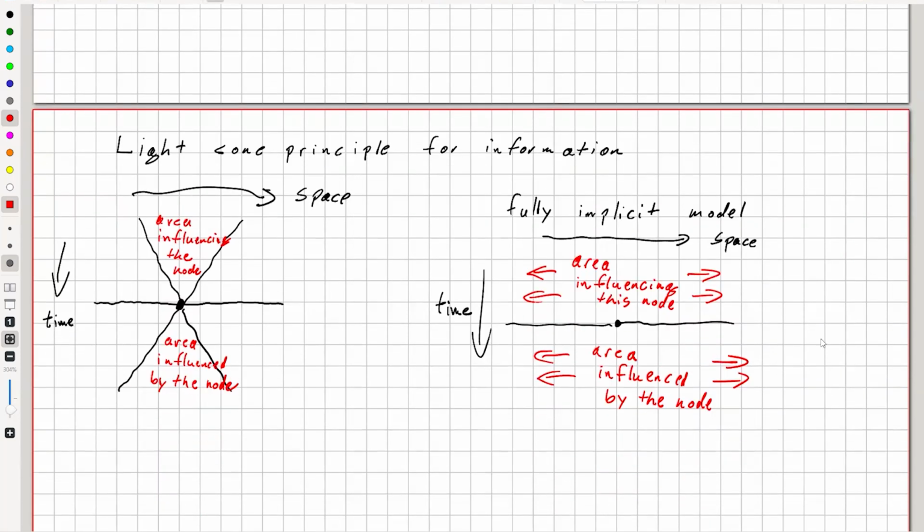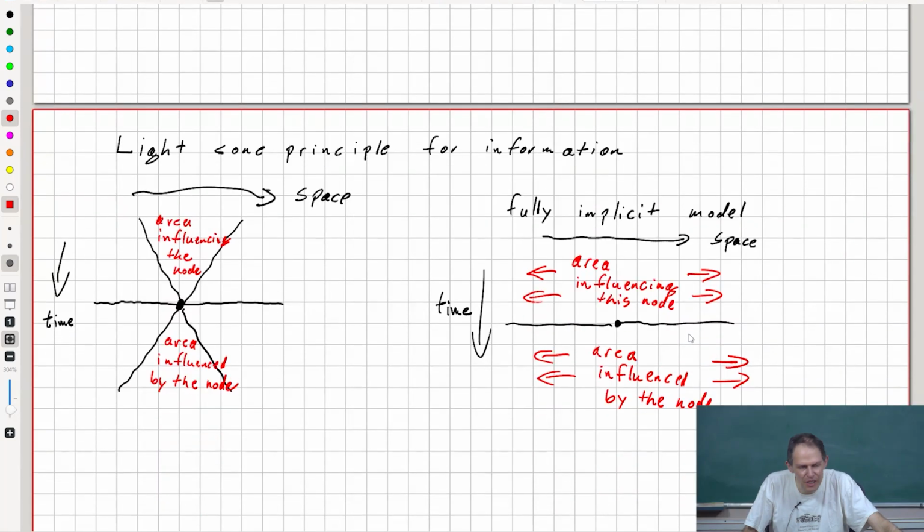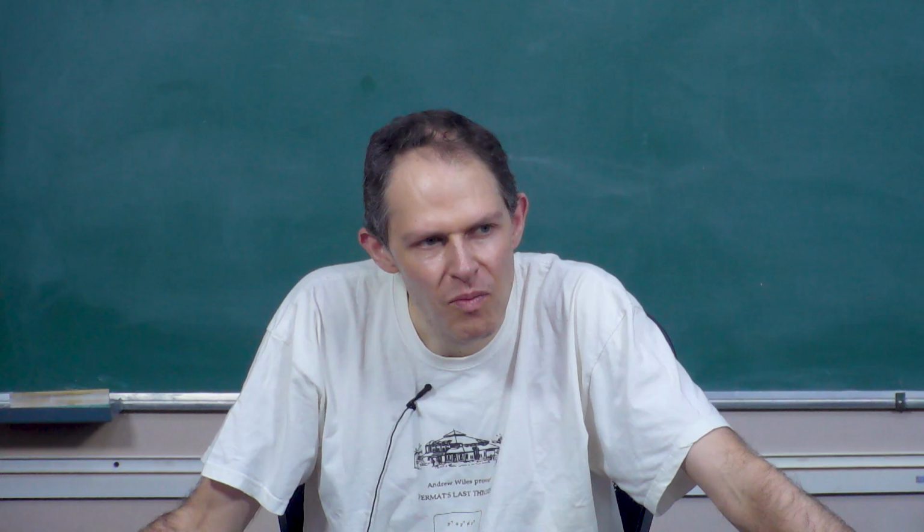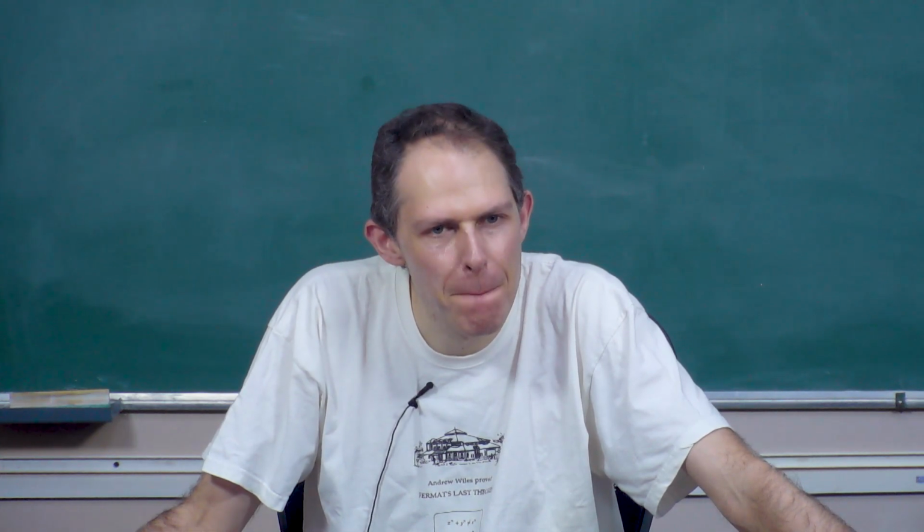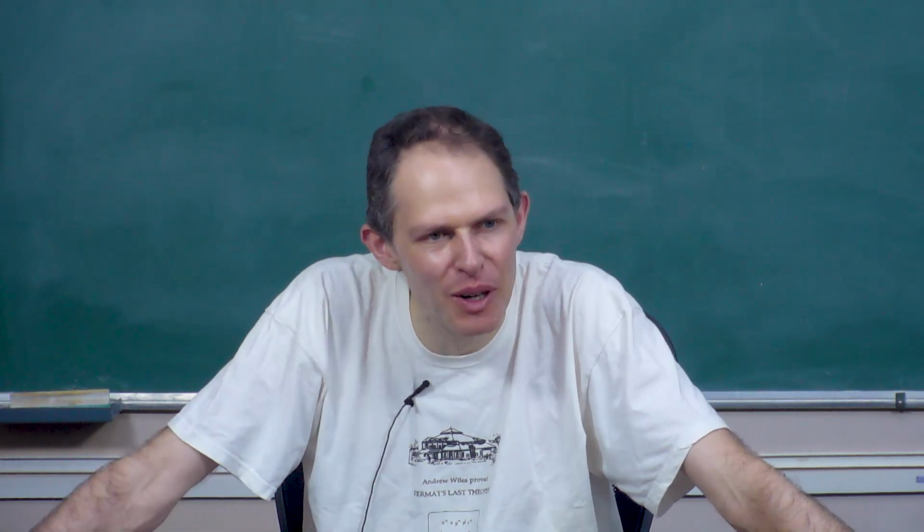So, solving the Navier-Stokes equation, can somebody tell me where you have this fully implicit problem? The incompressible Navier-Stokes equation. You are nodding. No, the speed of sound would be infinite if you want to solve the incompressible Navier-Stokes equation.